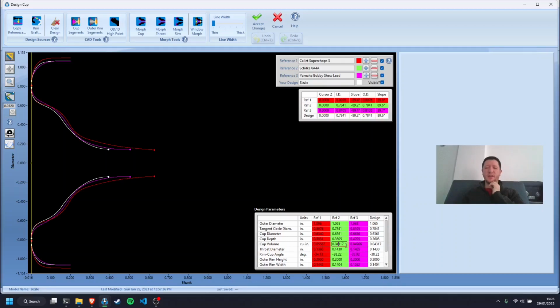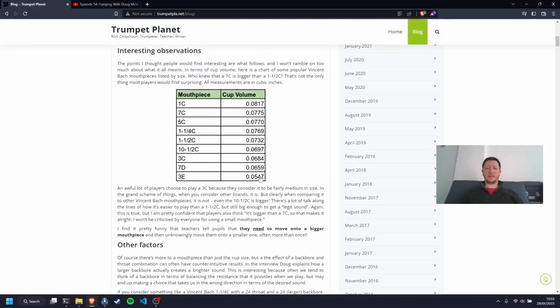If we take the three or four digit number here, so ignore the 0.0, this is say 431. This is 556. Your normal classical trumpet mouthpiece is going to be about 700. An all rounder, something like your 3C. I think that was 600. That was 684 for your 3C. So that's a good all rounder sound.